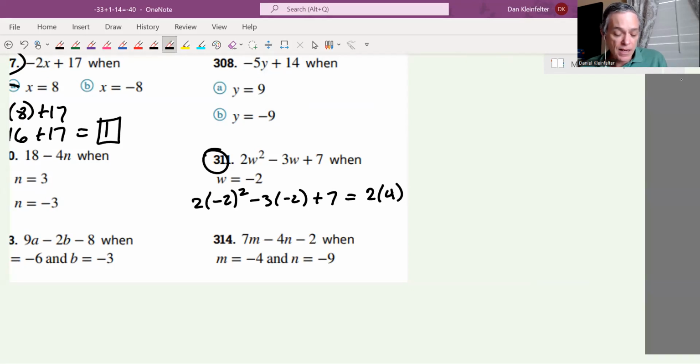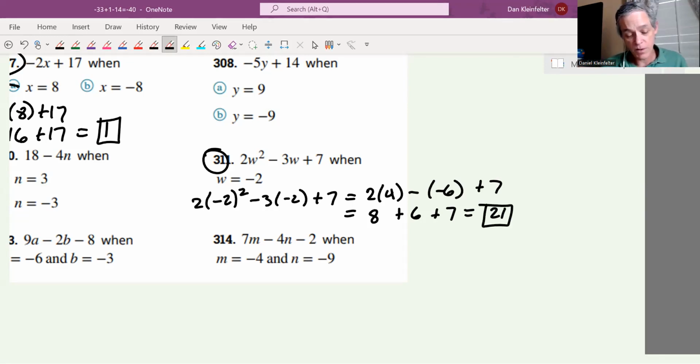And then subtraction of 3 times negative 2. And then finally plus 7 in the back. 2 times 4 is 8. And then we're subtracting negative 6. So that's the same as adding positive 6. And don't forget the plus 7 in the back. 14 plus 7, 21. We'll finish with 21 there.